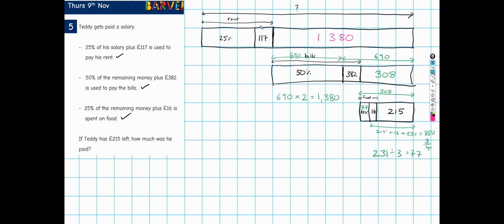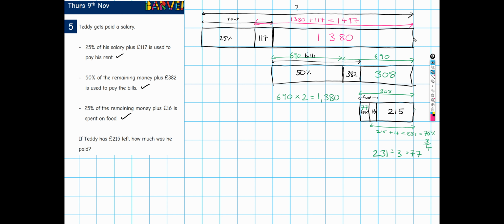If we add those together, okay, so I'm going to go from here to here. So 1,380 plus 117 gives us 1,497.